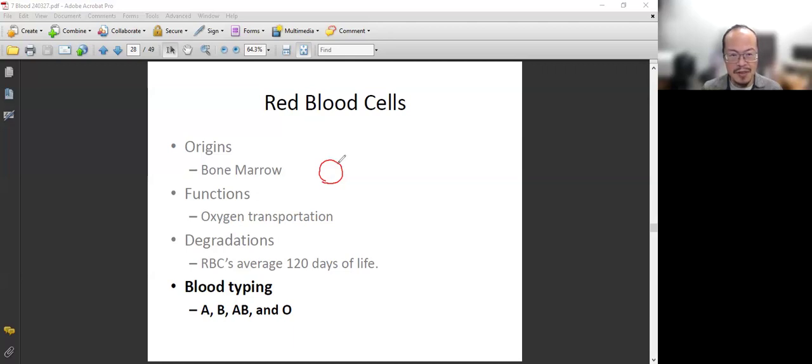So here is a marker. So this is a marker of that cell. So we call this antigen. Gen is a generation gene. Yeah, antigen. So we have the antigen.